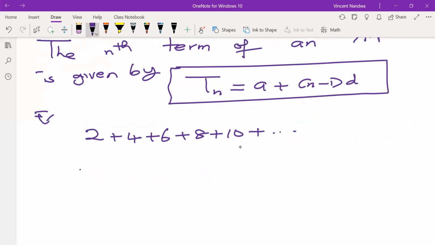These are examples of APs. Or we can have 5 plus 11 plus 17 plus 23.